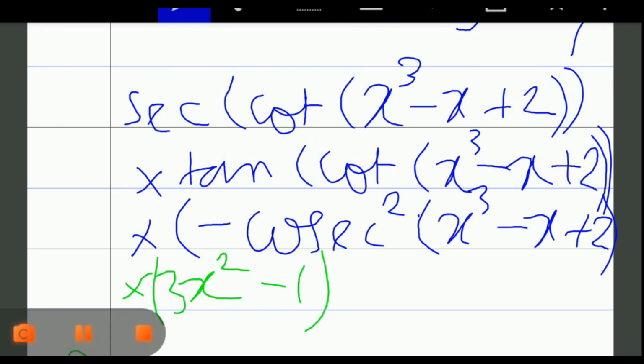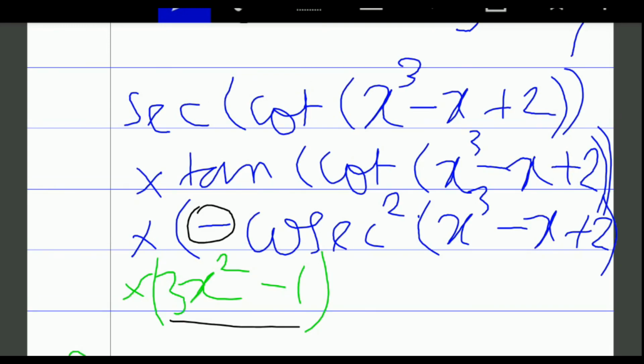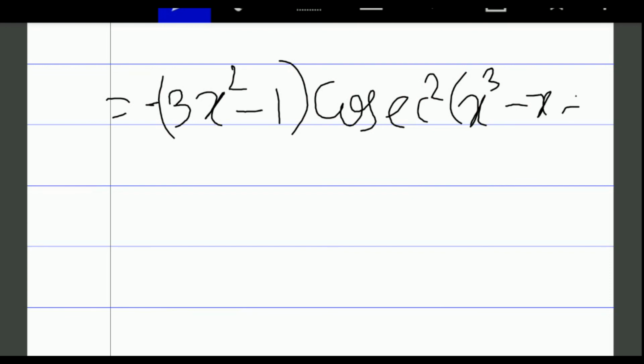So the final answer becomes, first we take 3x square minus 1, and here the minus sign from this cosec, so the answer becomes minus (3x square minus 1) cosec square of x cube minus x plus 2.